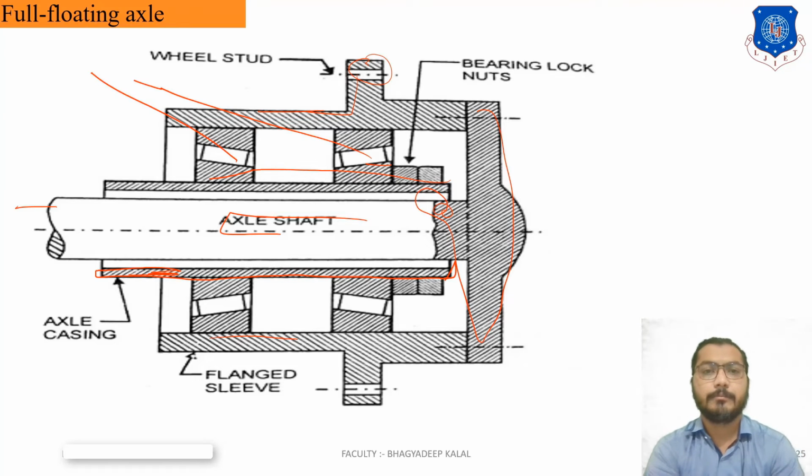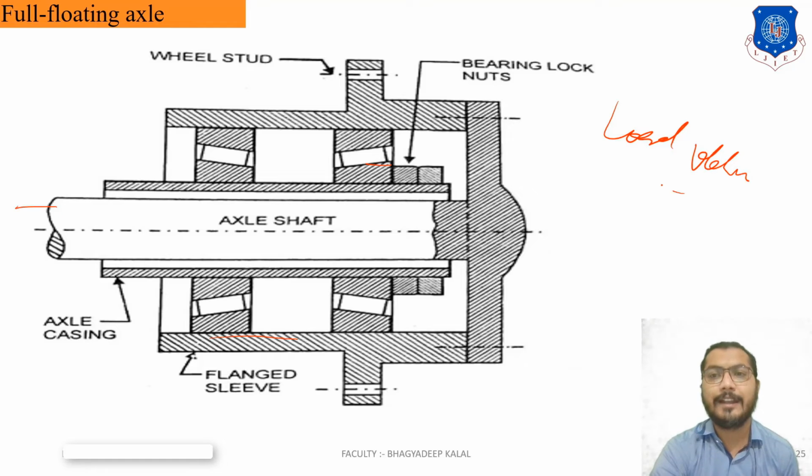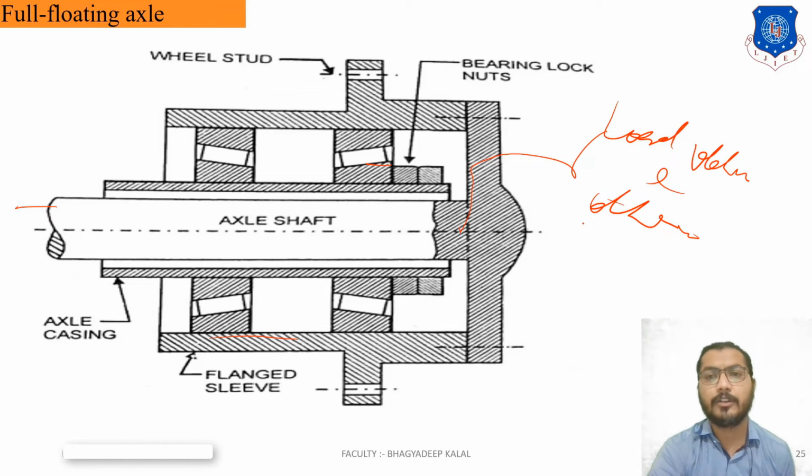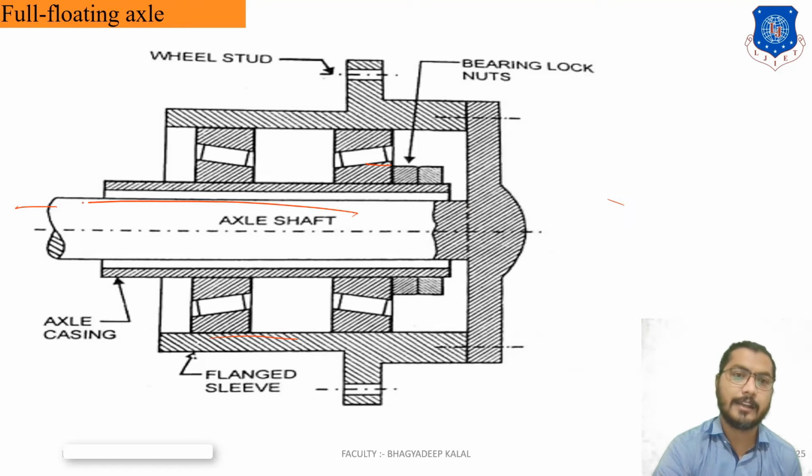By using this type of construction, the weight of the vehicle and other loads come on the wheel, because the axle casing and the wheel hub are connected in a parallel way. That's why the load of the vehicle and other loads which come on that wheel go through the rear axle casing, not the rear axle shaft.